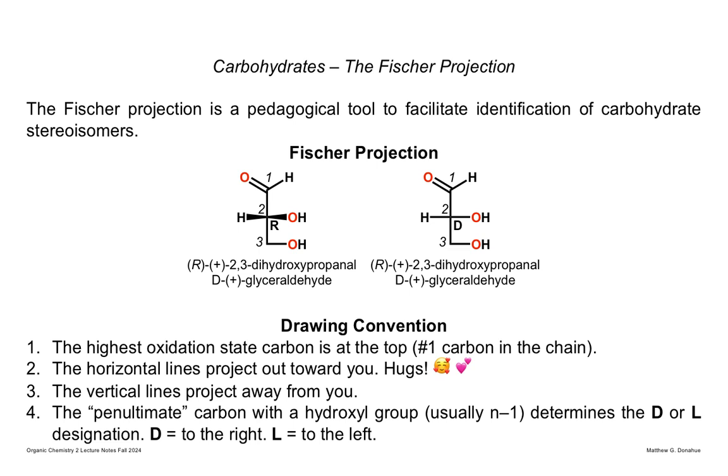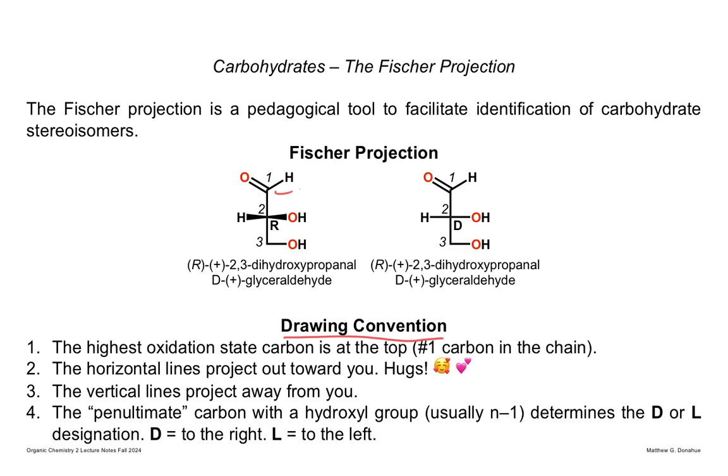When we get up into the tetroses, we're going to have another stereocenter, so 2 to the 2 is 4 stereoisomers. And at that point, it can get a little bit harder to determine what pair are enantiomers and what are diastereomers. And then as we increase to 5 and 6 carbons, it's even more complicated. So again, in the Fischer projection convention, the highest oxidized carbon is always at the top.